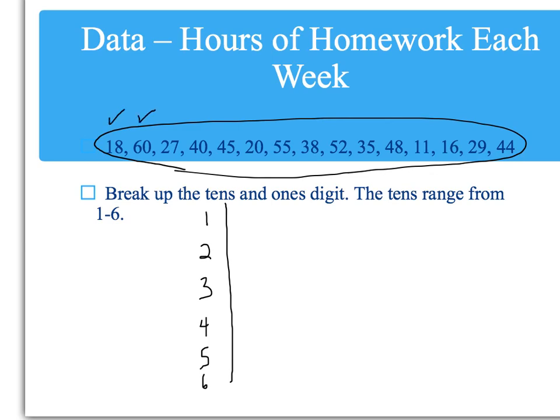So 18 would be 1 and 8, 60 would be 6 and 0, 27, 2 and 7, 40 would be a 4 with a 0, 45 would be a 4 with a 5, we've got a 20, a 55, a 38, a 52, a 35, a 48, 11, 16, 29, and finally 44.